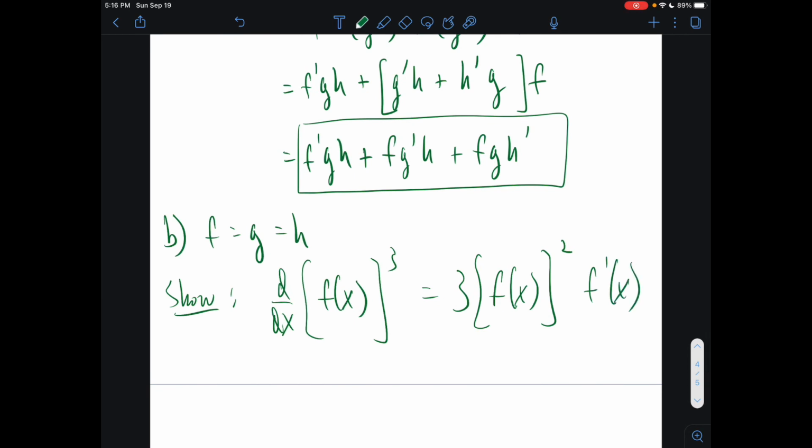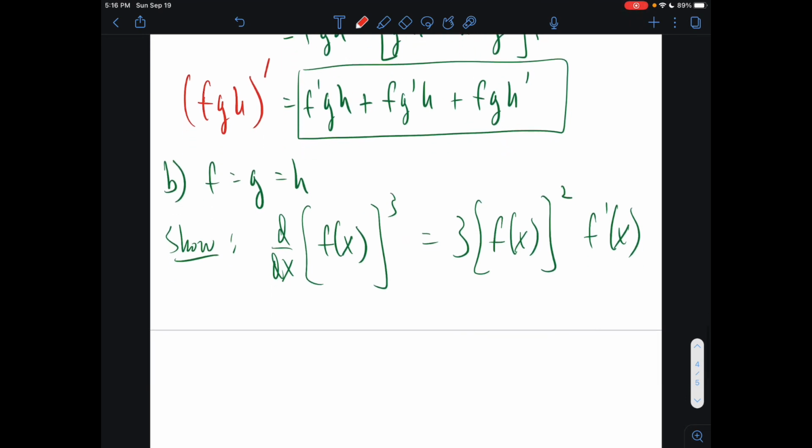Well, there's not really much to show here. We've already got that if you take the derivative of a product of three things, we've got a formula for it. So remember, f of x cubed is just the same thing as f times f times f.